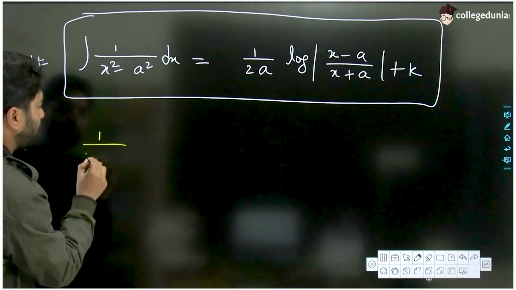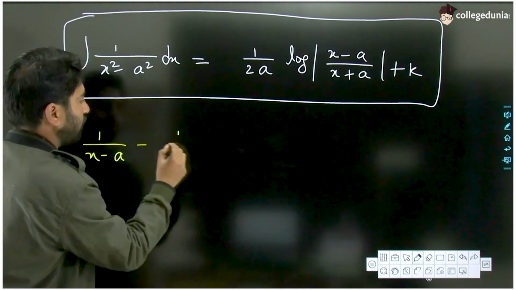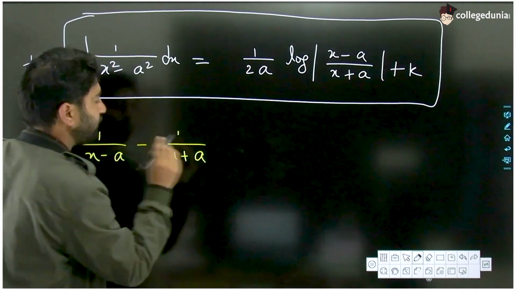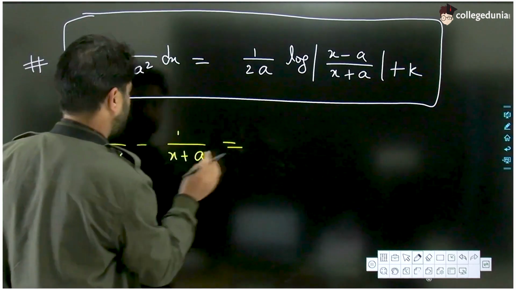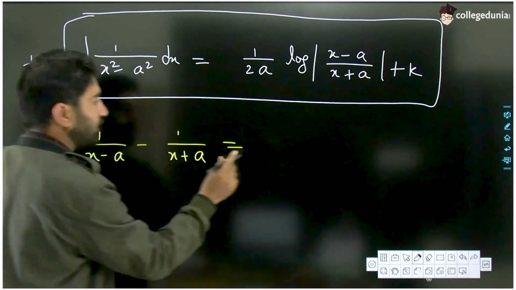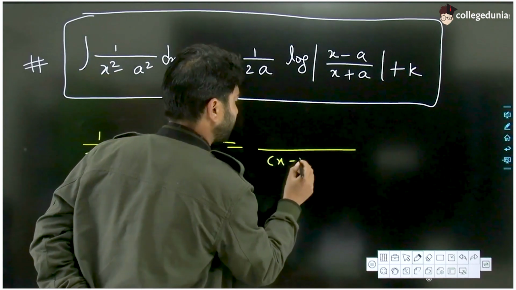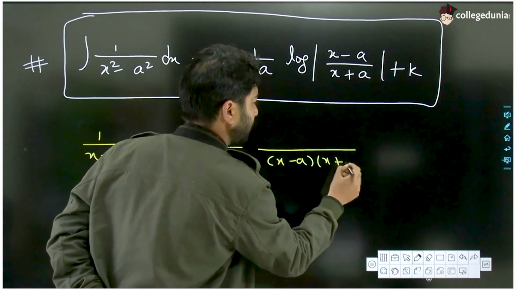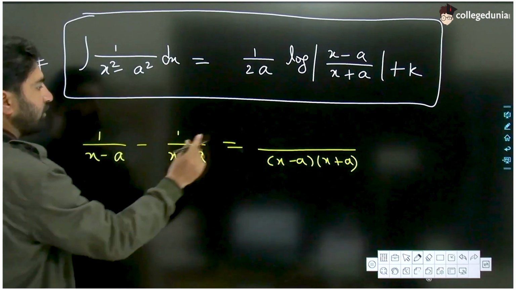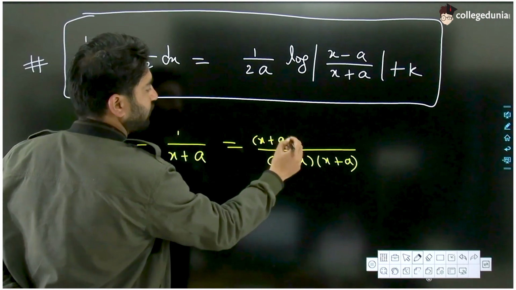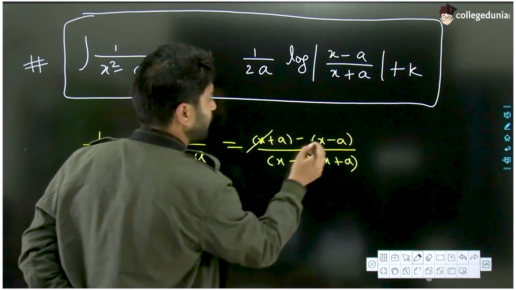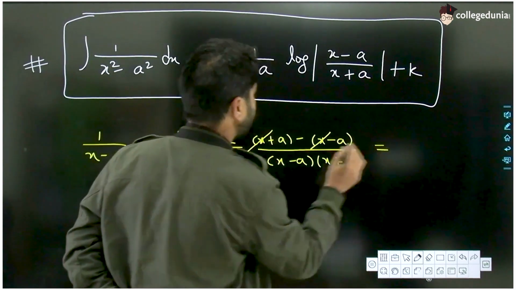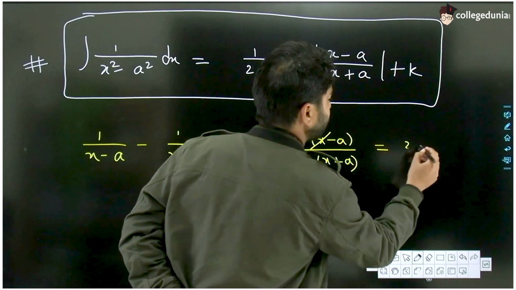I have 1 upon x minus a, and 1 upon x plus a is subtracted from this expression. If we take the LCM of x minus a and x plus a, it will become x minus a into x plus a in denominator. In numerator, we will have first of all x plus a, then x minus a will be subtracted from it. So this x and x will be cancelled out. We will have a plus a, this is 2a.